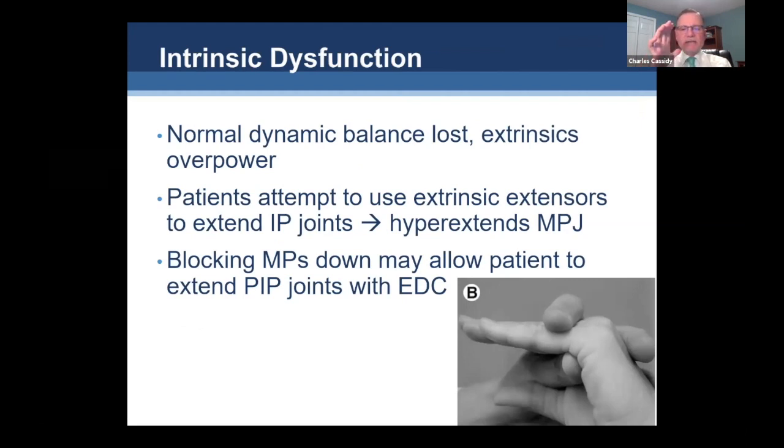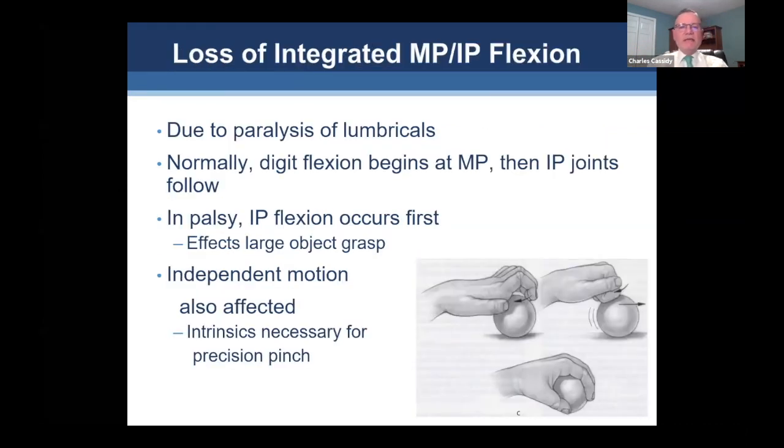When patients try to extend their fingers, they hyperextend their MP joints. Blocking their MP joints down may allow patients to use their EDC to extend their PIP joints, and that's the Bouvier test. So block them down at the MP joint, ask them to extend their PIP joints. Some patients can do it, some can't.